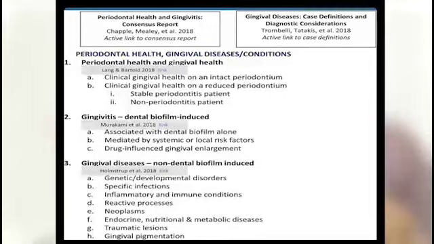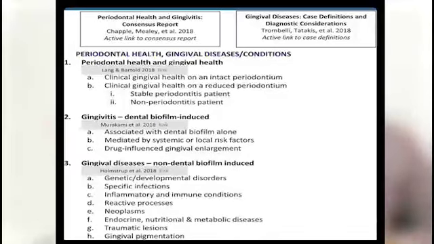And C, drug-influenced gingival enlargement, whether it's affected by some drug or medicine taken by the patient.